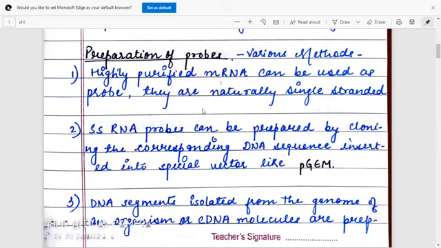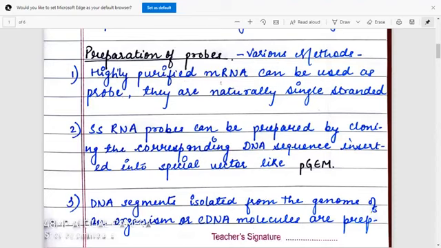Single stranded probes can also be prepared by cloning the corresponding DNA sequences inserted into special types of vectors like pGM and the single stranded phage M13, which can also be used for preparing single stranded probes and for DNA sequencing as well.